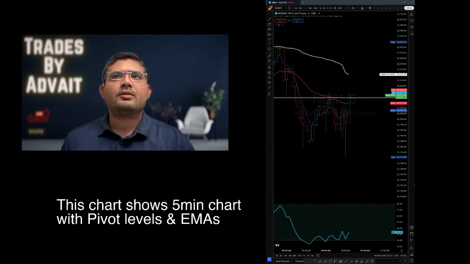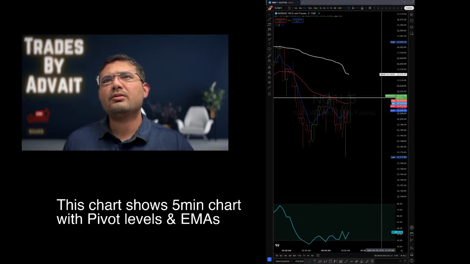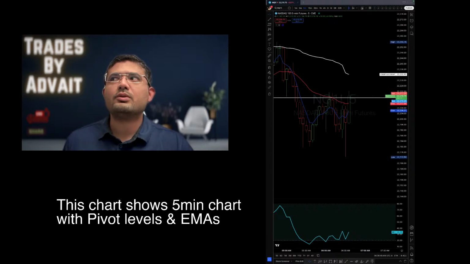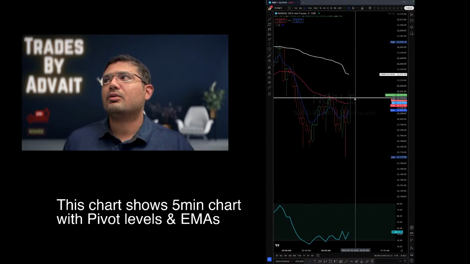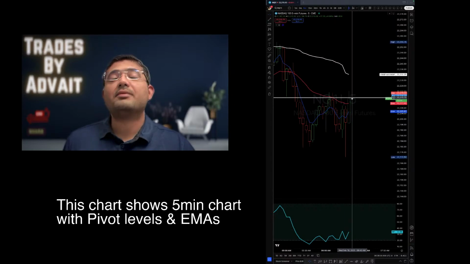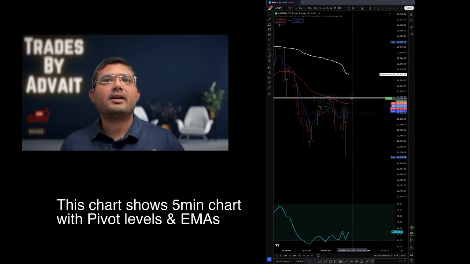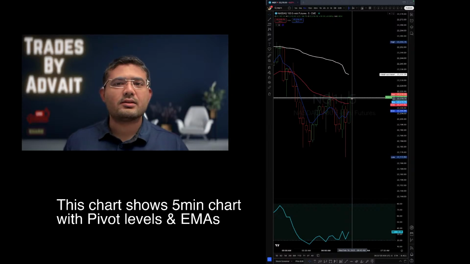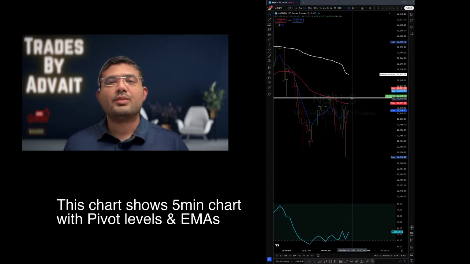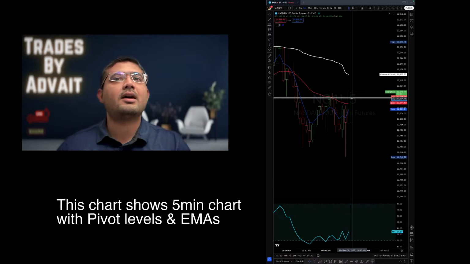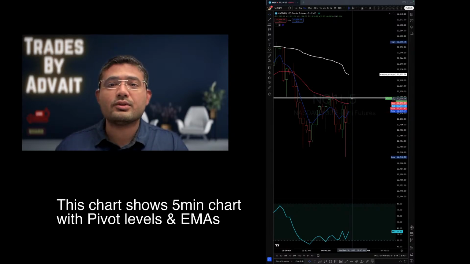What I am trying to see here is whether the market has the propensity to go up or reclaim this white line, which is the P0 pivot level. If it can, then definitely I will change my bias to bullish, but if it doesn't, then I will short it. I'm prepared for both scenarios.